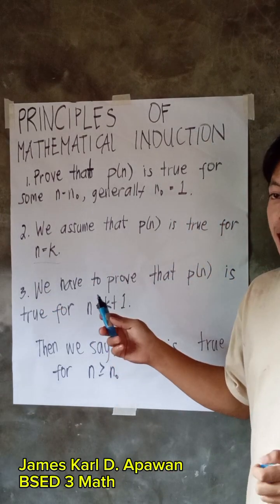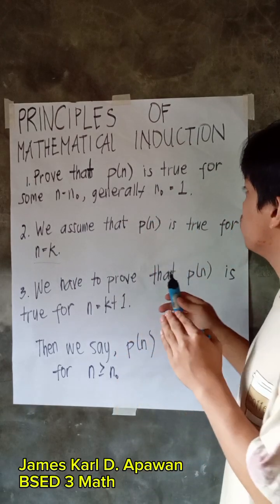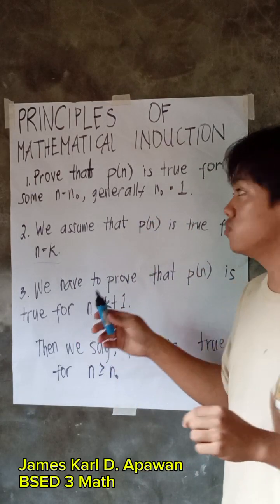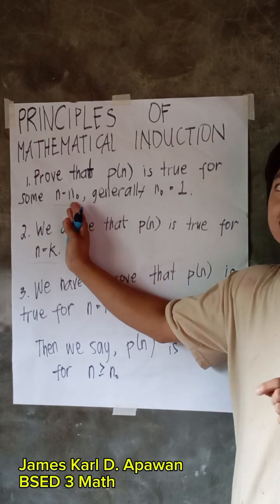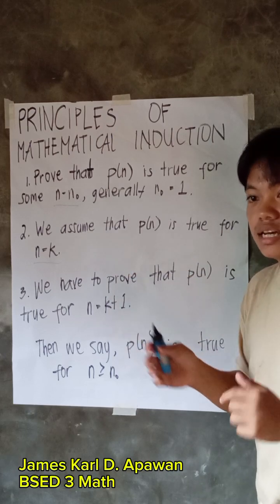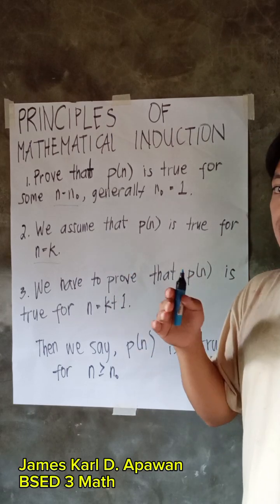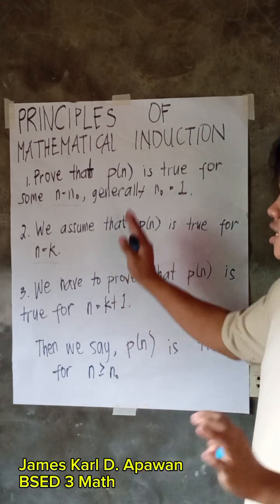Going back to the first step, we need to prove that P of n is true for some n equal to n sub 0. From other sources, they call n sub 0 the basis. So that's the first step.